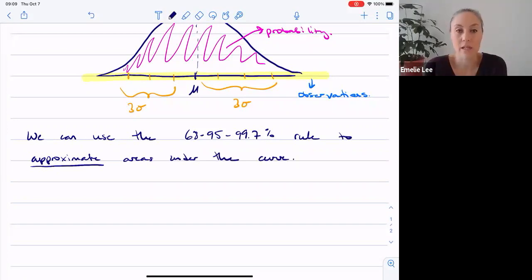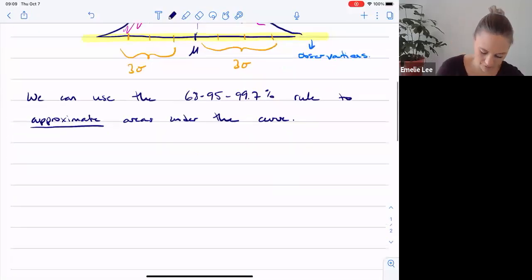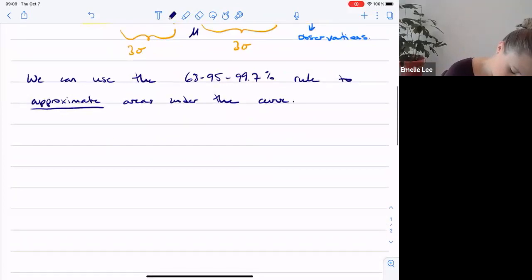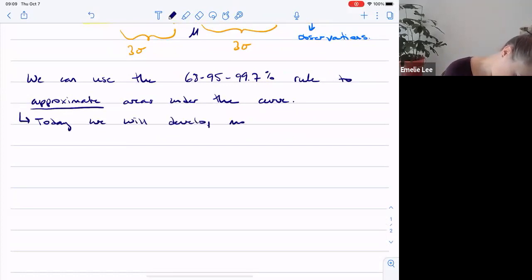Okay, today we're going to develop a little bit more precise ways of finding areas under the curve. Today, we will develop more precise methods for finding areas under the curve.